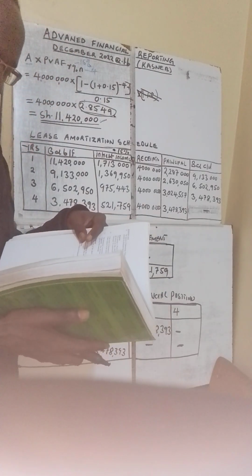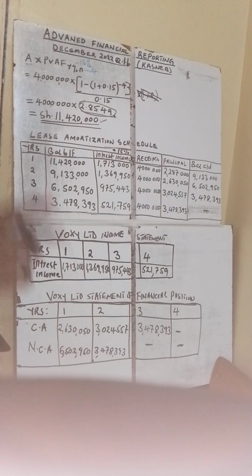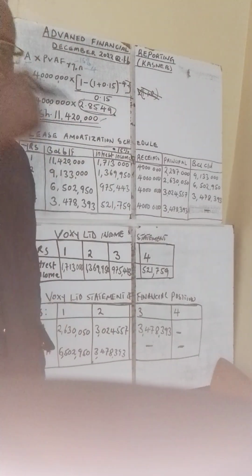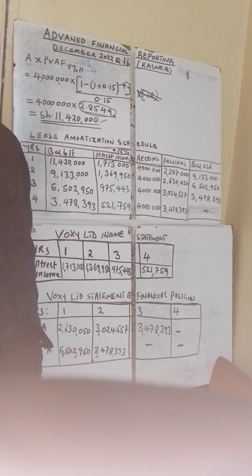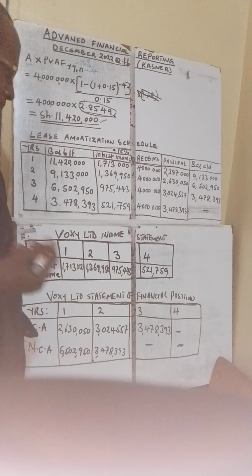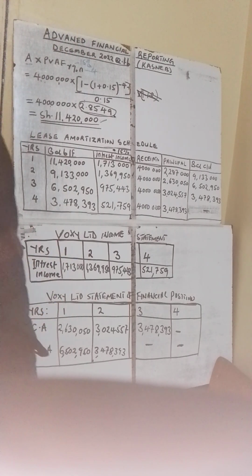Remember, Vox Limited is the lessor, the owner of this asset. Now, the income to the lessor is an expense to the lessee.